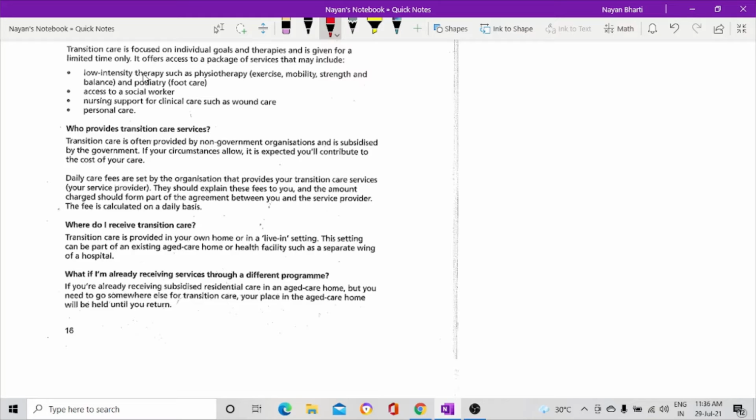Transition care is focused on individual goal and therapy, limited time offer. Transition care is often provided by non-government organizations. Yes, I can see a fee part over here, so something related to that. So here they are saying they should explain these fees to you, and the amount charged should form part of an agreement between you and the service. The fee is calculated.